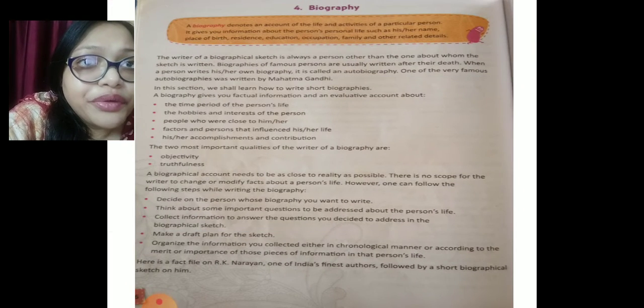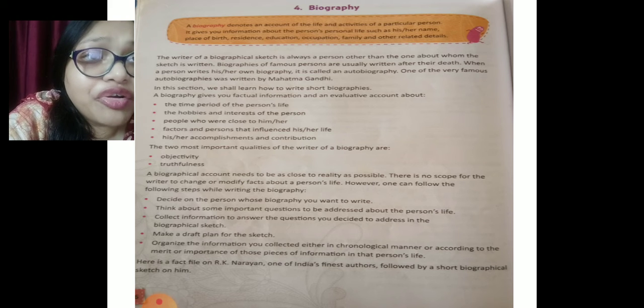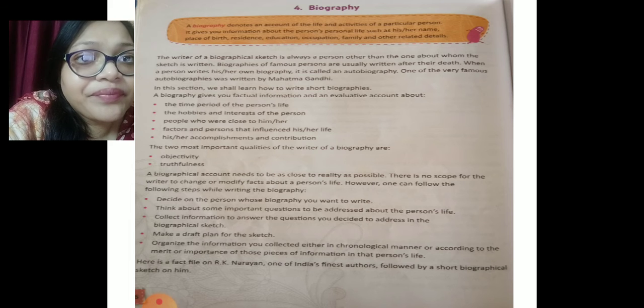Now, coming to your book, what is a biography? Biography denotes an account of the life and activities of a particular person. It gives you information about the person's personal life, such as his name, place of birth, residence, education, occupation, family, and other related details.